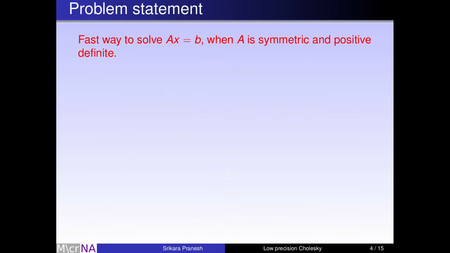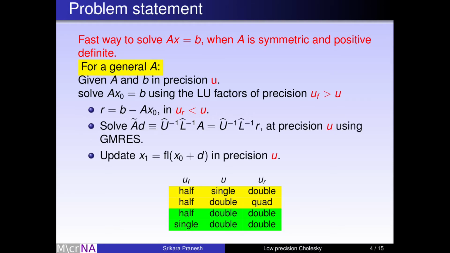Just to make it clear, the question I'm trying to address in this talk is, how can you solve a linear system of equations in a fast way when your matrix is symmetric and positive definite? For the case of a general matrix, that is, when A is a general n by n matrix, this can be answered by using GMRES-based iterative refinement.